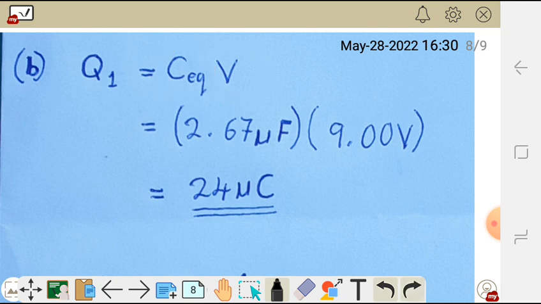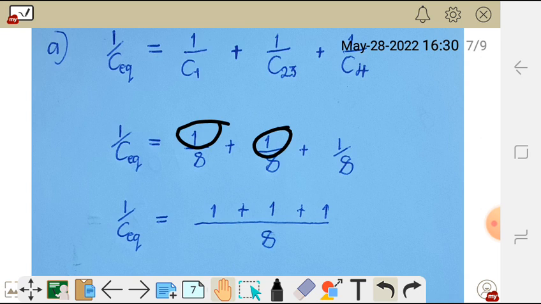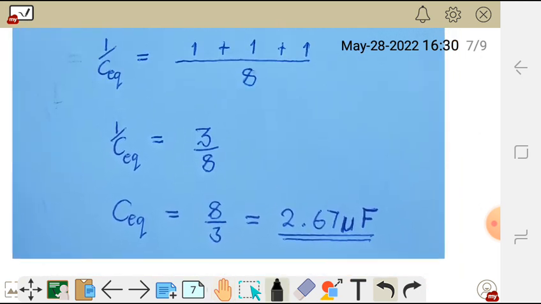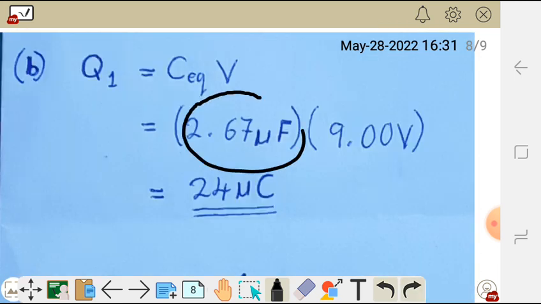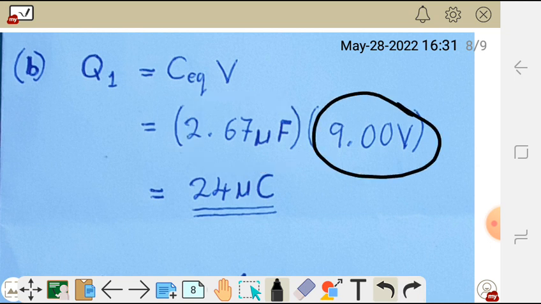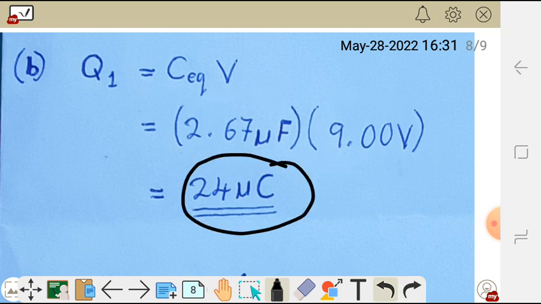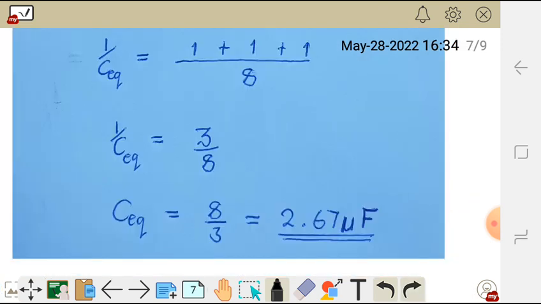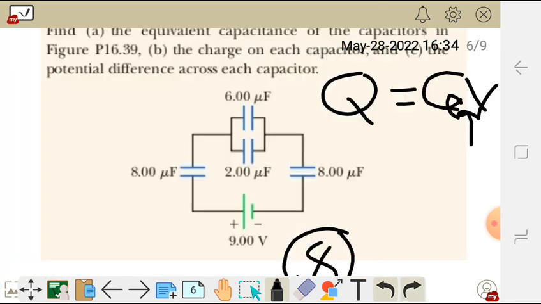The equivalent capacitor we already found is 2.67 microfarads. We multiply it by the voltage, which is 9, and we get 24 microcoulombs. So this is the charge for Q1, which is C1. It is 24 microcoulombs.